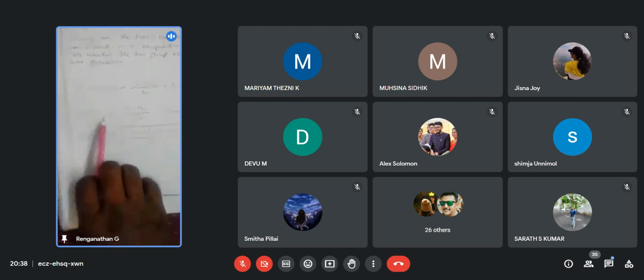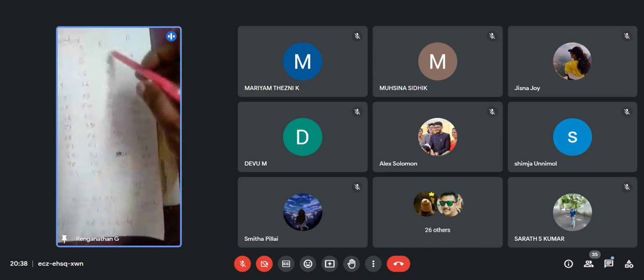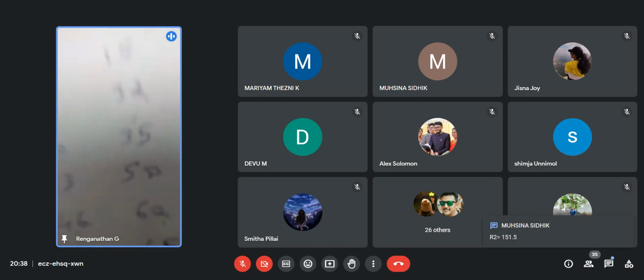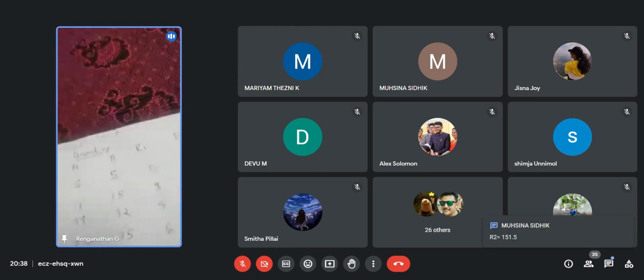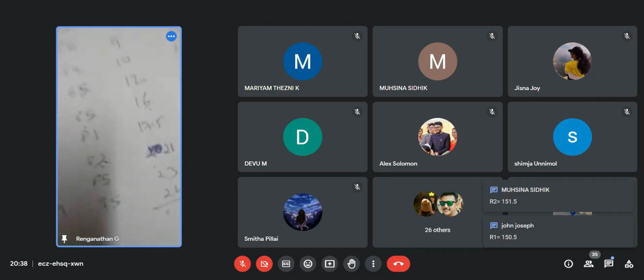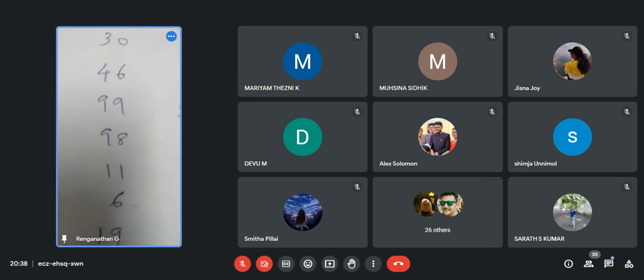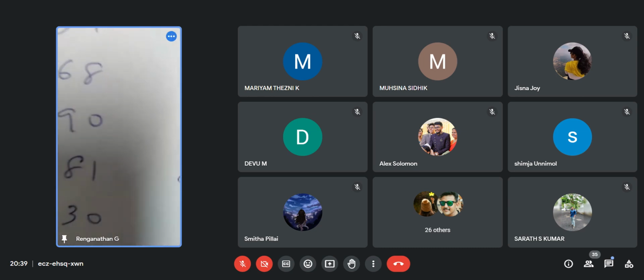Otherwise, the next step is to find the total of the R1 and R2 columns. The total of R1 is 148.5 and the total of R2 is 151.5. I think everybody got these.